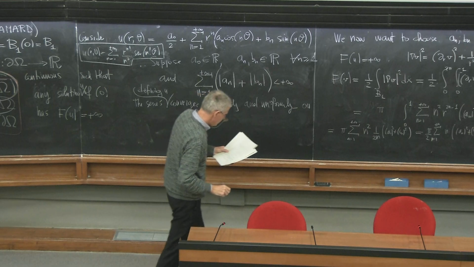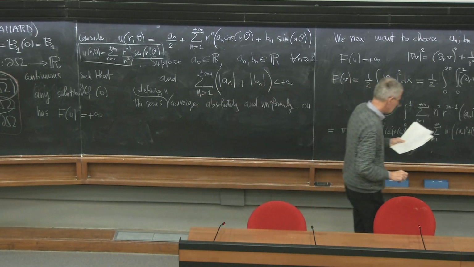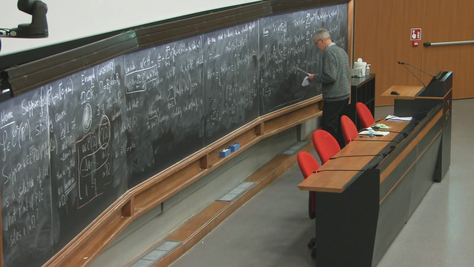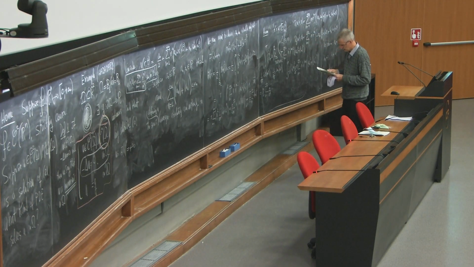Now my Dirichlet energy is what? My Dirichlet energy of u. I have an n factorial which is missing somewhere.